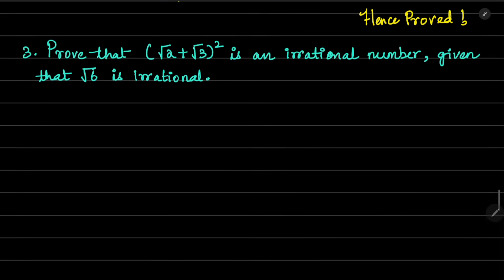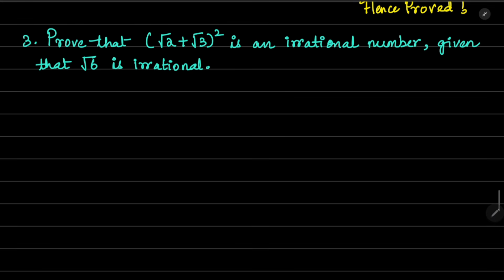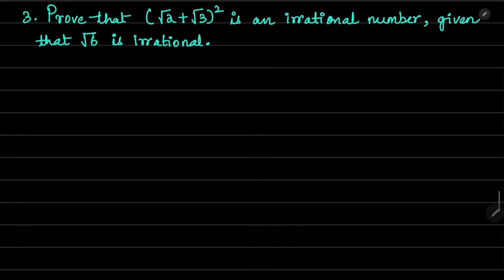So now let's move on to the next question, which is also of the same type. The question is, prove that root 2 plus root 3 the whole square is an irrational number, given that root 6 is irrational. So let us do it the same way as we did the second question. The method is called the contradiction method.